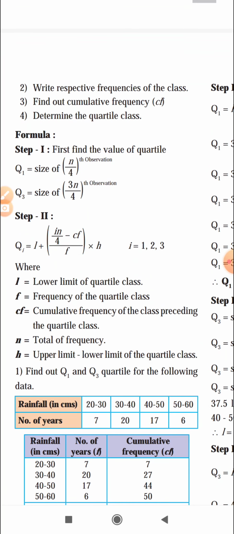Next, the actual formula for calculation of Q1, Q2 and Q3.